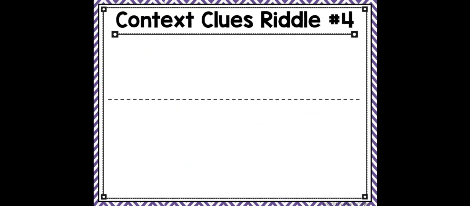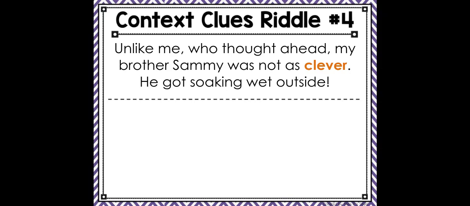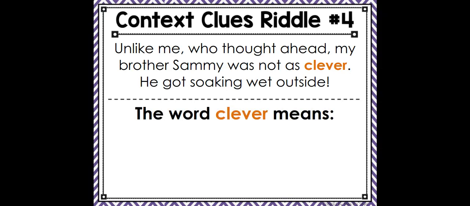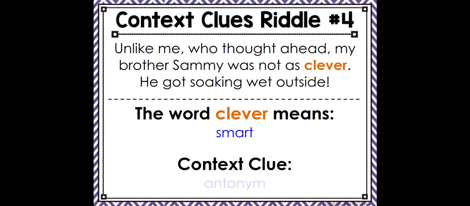Here's riddle number 4. Listen closely to determine the word meaning and context clue. Unlike me, who thought ahead, my brother Sammy was not as clever. He got soaking wet outside. The word clever means, how can you use context clues to figure out what the word clever means? It means smart.